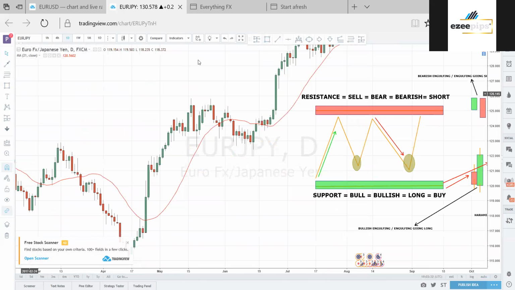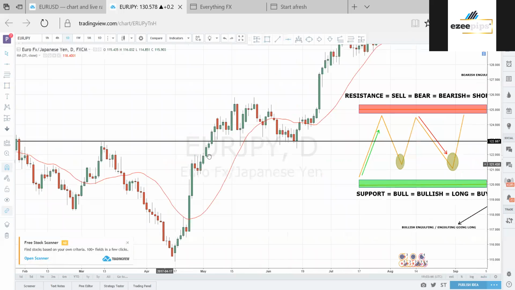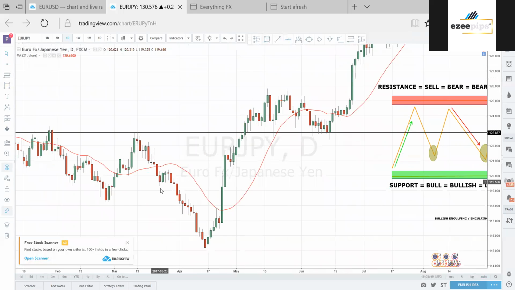Another way for you to also mark out your supports for a longer period is simple. Once you see price going up to its peak, put a horizontal line there, right? I have one here. Try and find more. Price came down here, stopped here. Okay, you put another line here, right? You look to your left, you look to the past. Guess what happened?